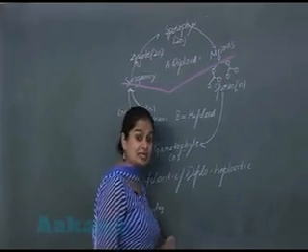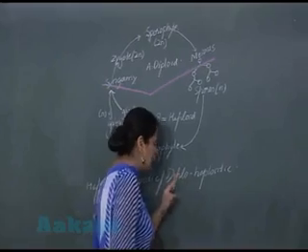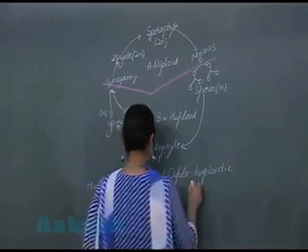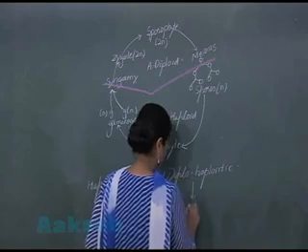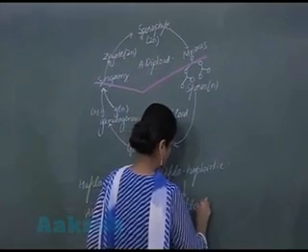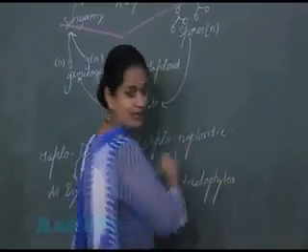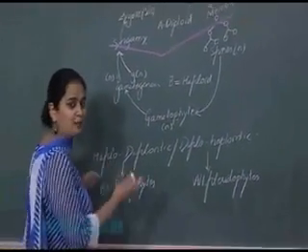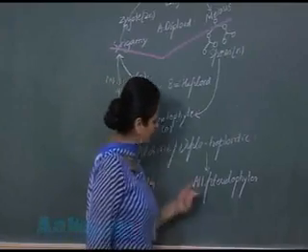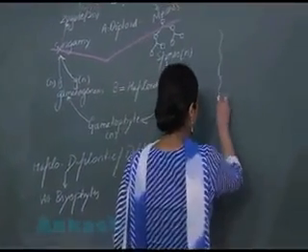So the main parent body is haploid, so there we will say haplodiplontic life cycle. But in the pteridophytes, the main parent body is diploid. So there we will call it diplohaplontic life cycle. So this is in all pteridophytes. So you got this? In all bryophytes it is haplodiplontic and in all pteridophytes it is diplohaplontic life cycle.